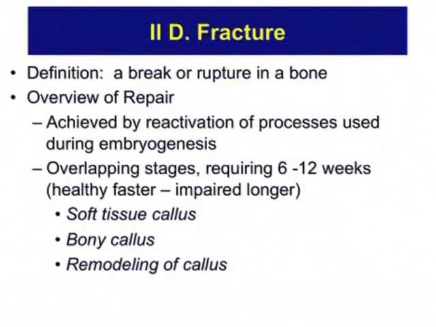That happens usually by the end of the first week after your fracture. At that point, with all these cells that have come in, you get certain cytokines being released, which activate your osteoblasts and your chondroblasts. So at this point, you start having increased cartilage in that area. The osteoblasts start laying down woven bone.